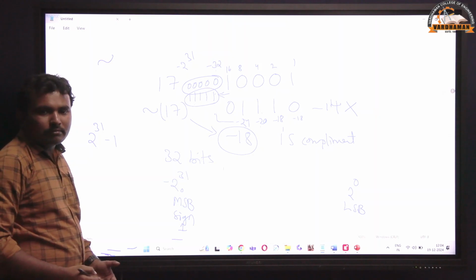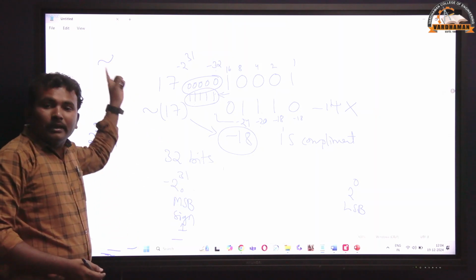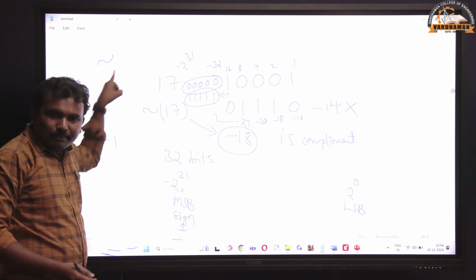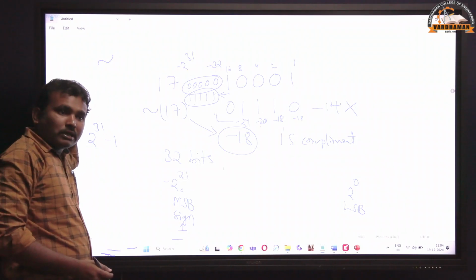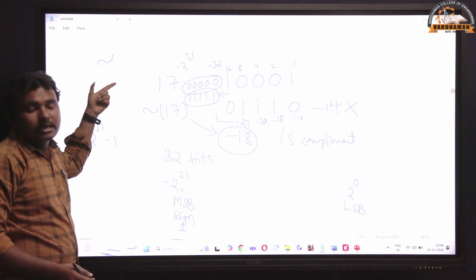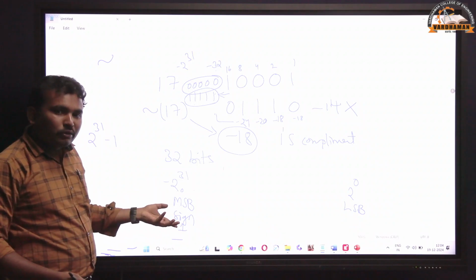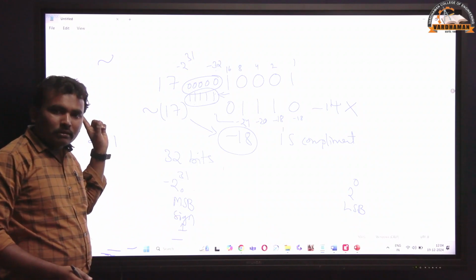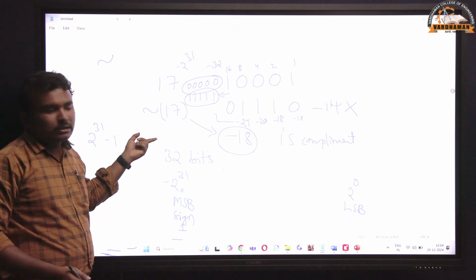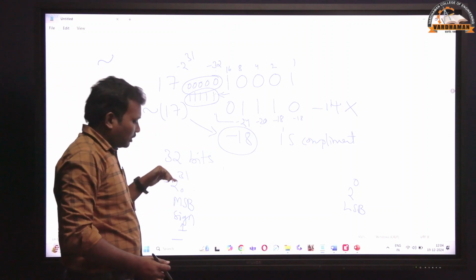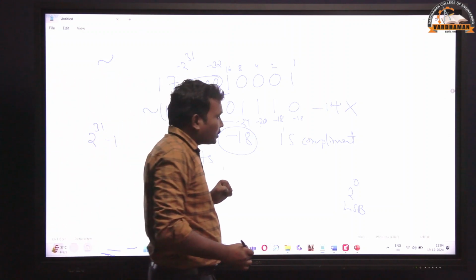That's why it became a negative value: because we have 0 there, since it is a positive number, but when we apply the NOT operation, that becomes 1, so it becomes a negative value. If we have a negative number, there will be 1, and when we apply the NOT operation, that becomes 0, so a positive number. So it is easy to write the NOT operation value.